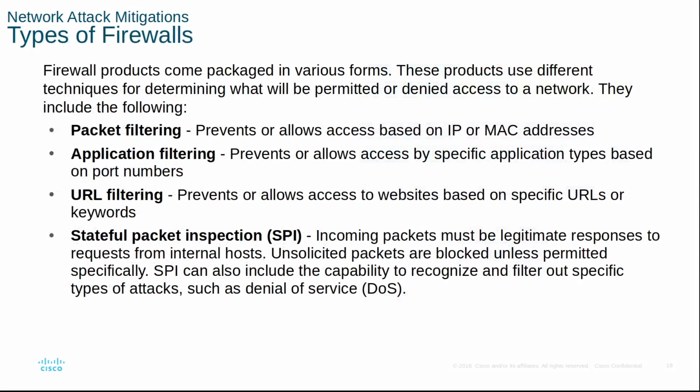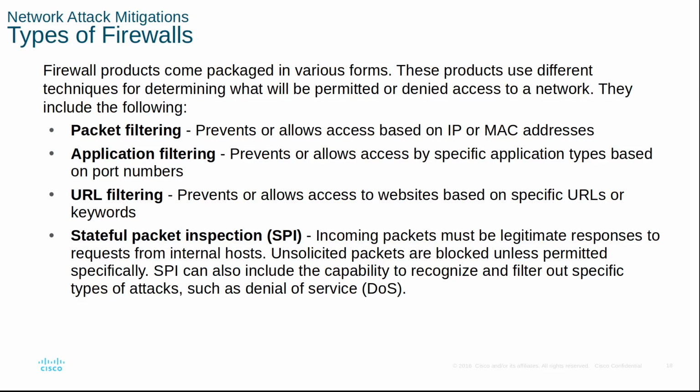Now there's all kinds of firewalls in various different forms. Hardware firewall appliances, software firewalls on your routers, on your servers. The different products work a bit differently, but they all support the following things: packet filtering.